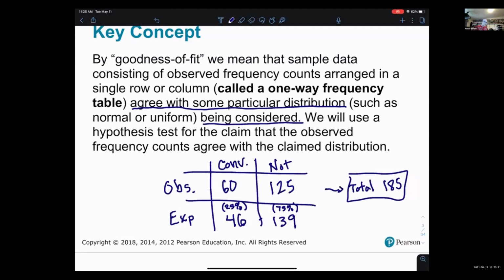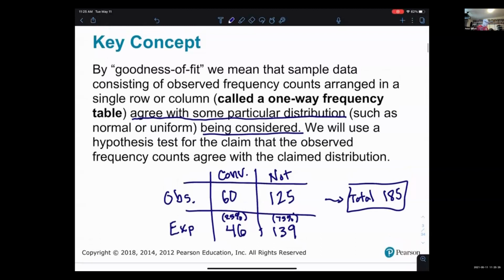And so by having expected values, an expected distribution, and an observed actual distribution from a sample, we can compare those and try to see if the expected percentages fit well with the observed values.